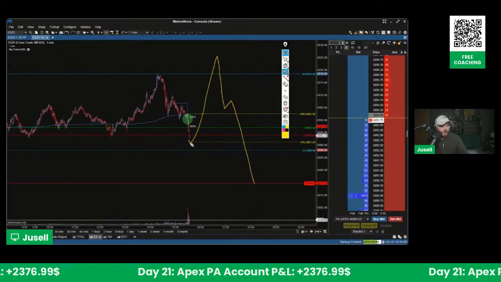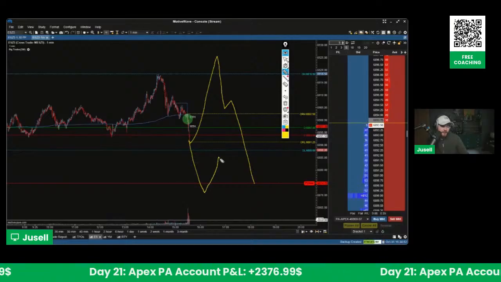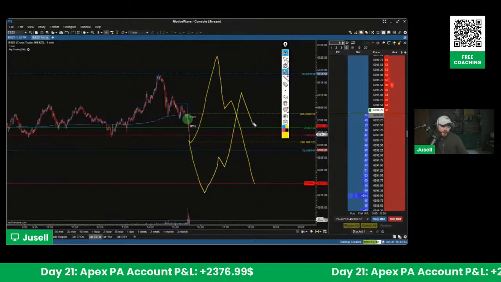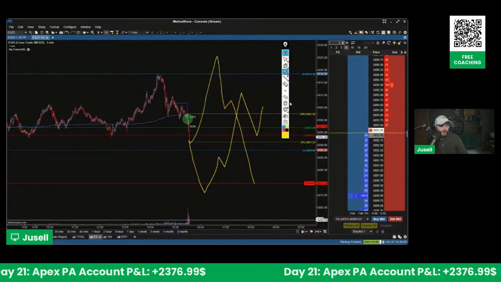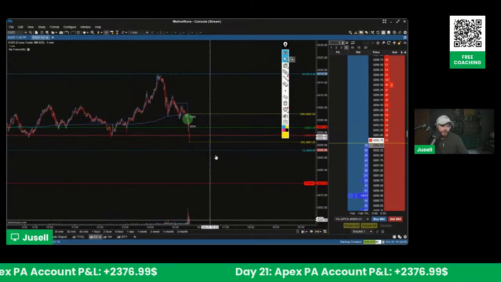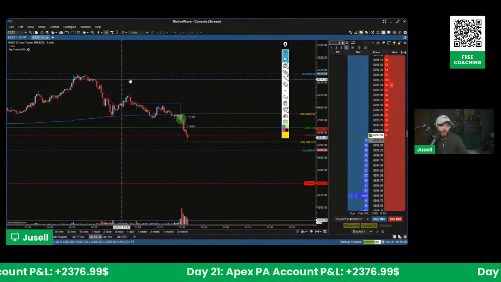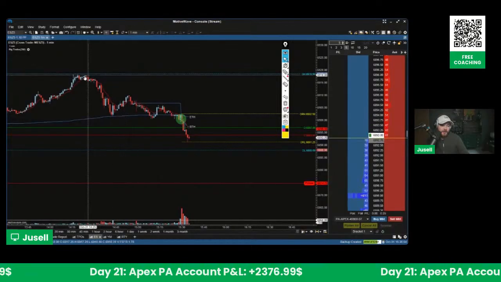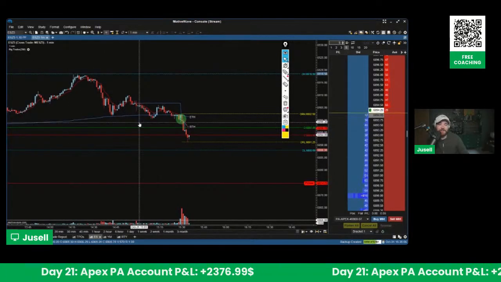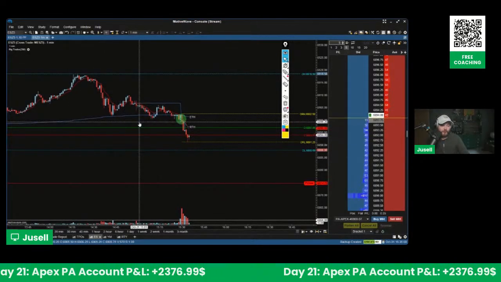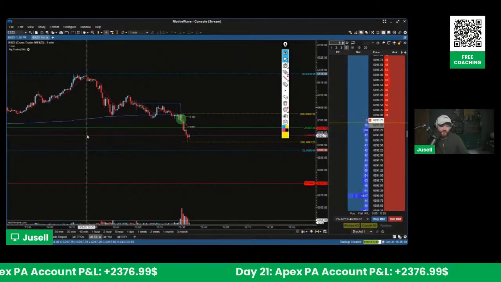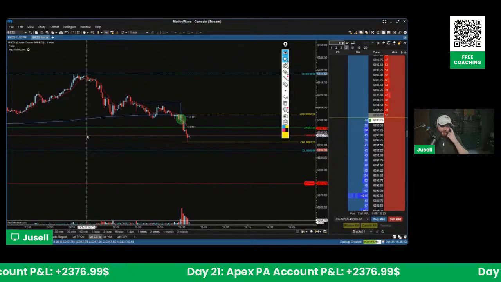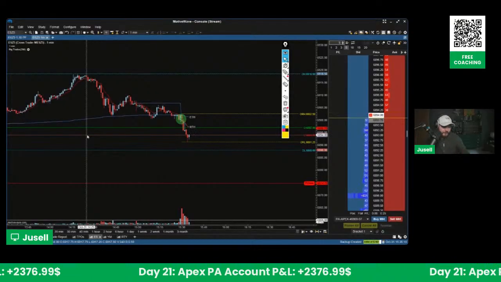But our second idea was that we would see rejections here at these areas and then make some balance. So we do have some options here, but the only trade I'm gonna take is if we run this overnight high level, which is the blue line here. And you can see it's not the cleanest of highs. It's an overnight high, obviously, not as much volume, not as much liquidity in the overnight market.